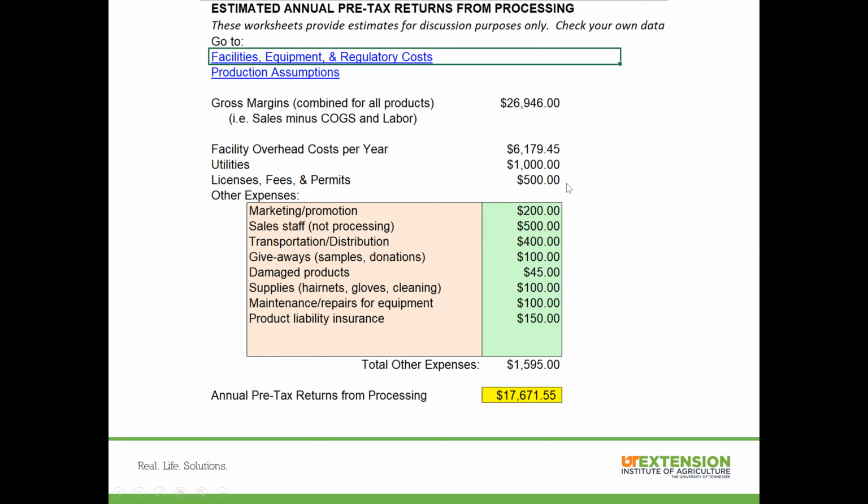And now here's where we enter these other expenses that we would have. Here's where we would enter our marketing and promotion. And if we're paying some sales staff to maybe handle the product, get it off the shelves and box it up and get it to the market.